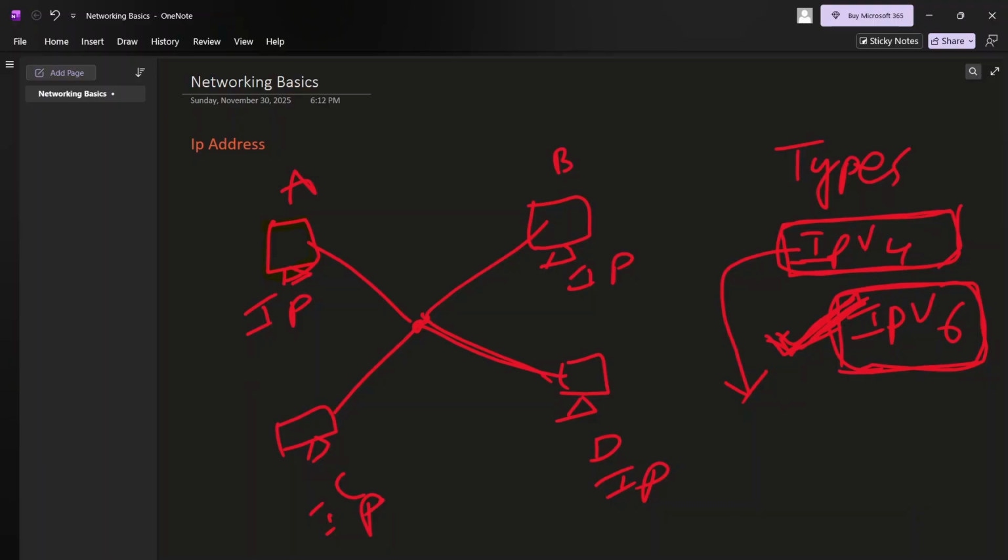in one village we will have a lot of houses. Let's take 200 houses in one particular village. Now if I want to send a postal letter to one person out of those 200 houses, we will write his address properly: Mahesh, this village, this district, this house number.